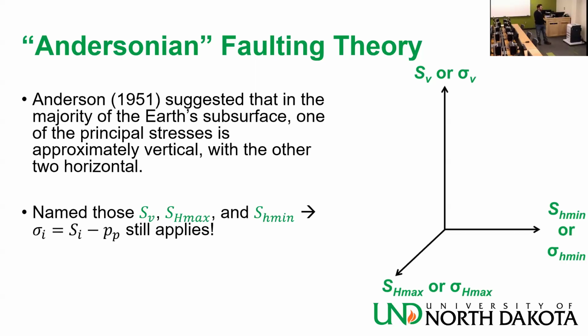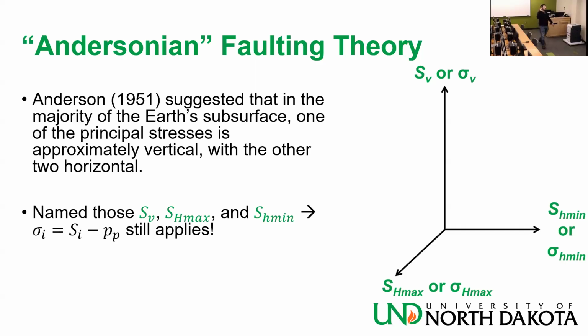And there are some other exceptions. But in general, for the depths that we are interested in, let's just say that one of the three stresses is perfectly vertical, and the other two are horizontal. So that's one rule.